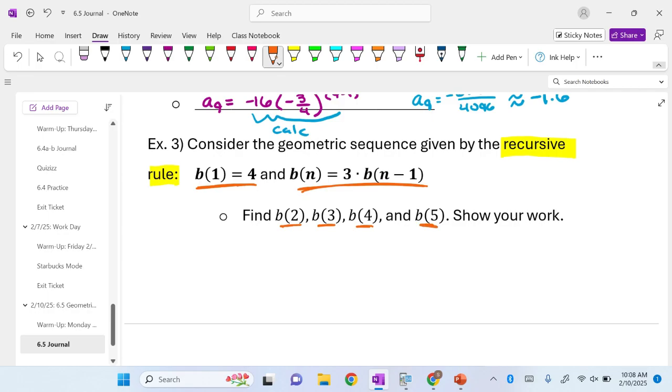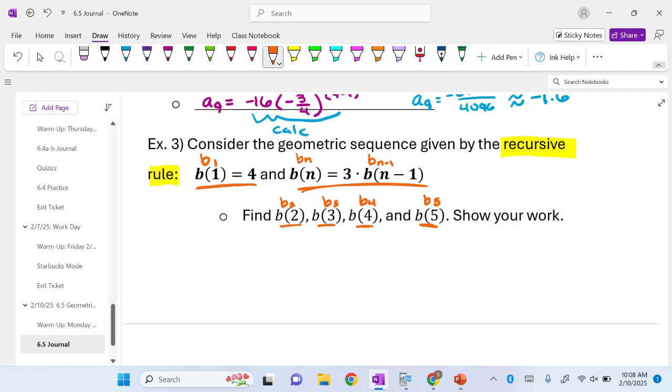So in other words, if I rewrote this, this would be b subscript 1, b subscript 2, b subscript 3, b subscript 4, b subscript 5. They just wrote it a little bit differently. This would be b of n minus 1, b of n. So don't be fooled, because sometimes you can write it a little bit differently. If they don't have the subscript, it still just means find the second, third, fourth, and fifth term.